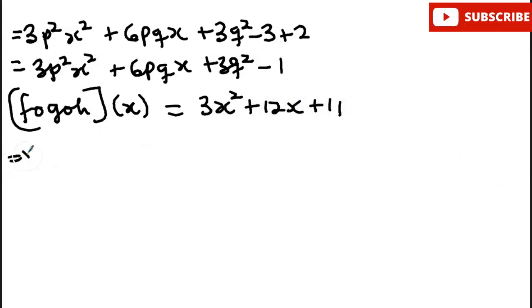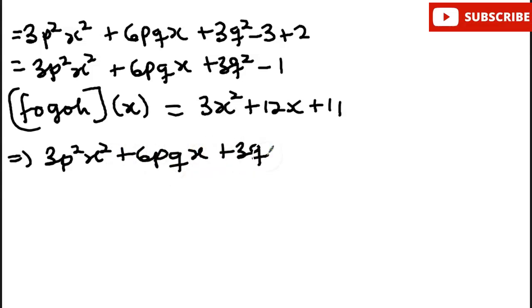So this implies that 3p squared x squared plus 6pqx plus 3q squared minus 1 is equal to 3x squared plus 12x plus 11.